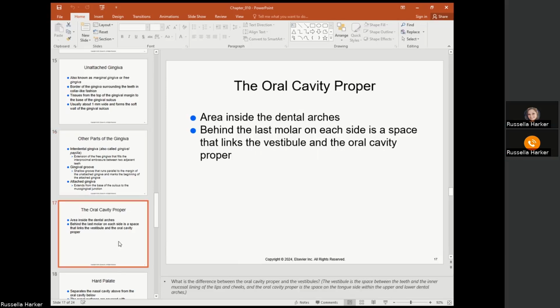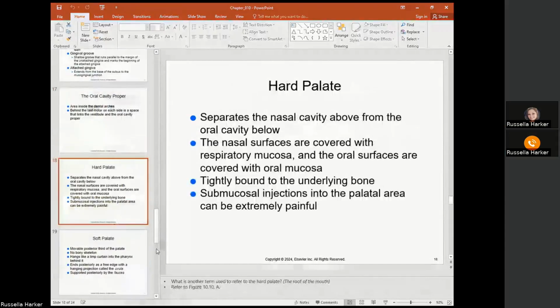The oral cavity proper is the area inside of the dental arches, like I mentioned earlier. Behind the last molar on each side is a space that links the vestibule to the oral cavity proper. Everyone should have a hard palate that separates the nasal cavity above from the oral cavity below. The nasal surfaces are covered with respiratory mucosa, and the oral surfaces are covered with oral mucosa.